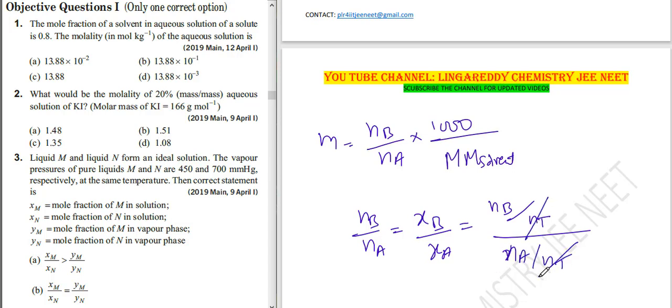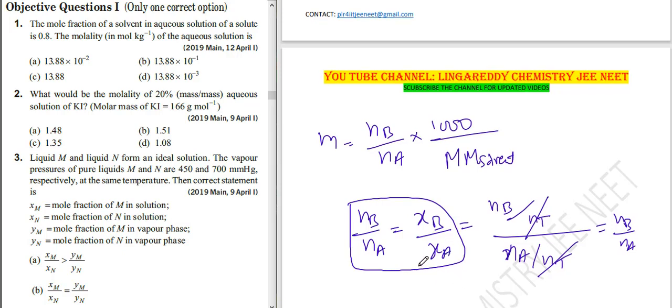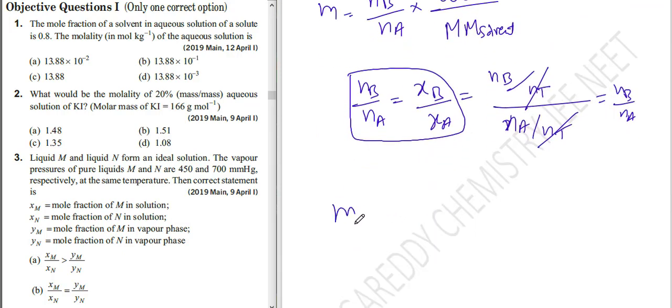Here nT will get cancelled, it is nothing but nB by nA. So wherever nB by nA is there, I can write XB by XA. So the formula is m equals XB by XA into 1000 by molecular mass of solvent.